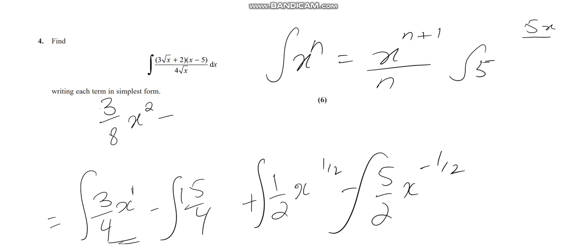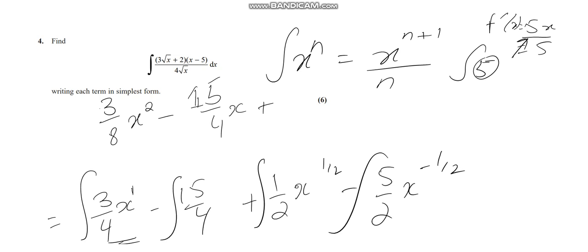If I differentiate 5x, I get 5, so in the same way I integrate 5 and get 5x back. So this will become minus 15 upon 4 x, and then plus half x to the minus half.